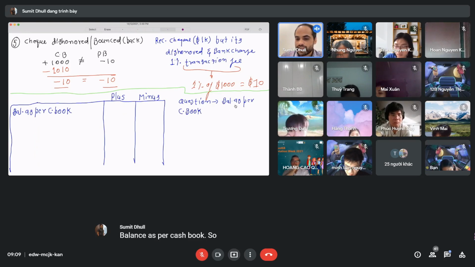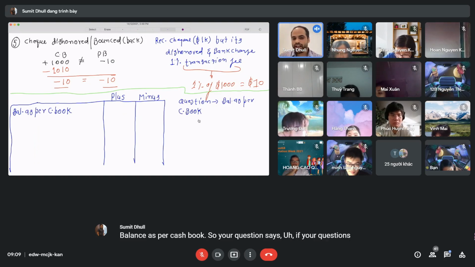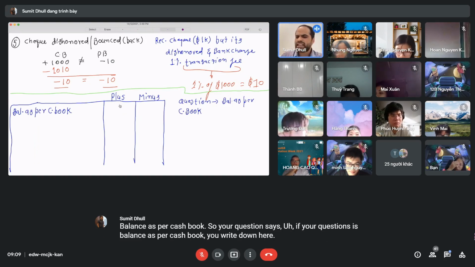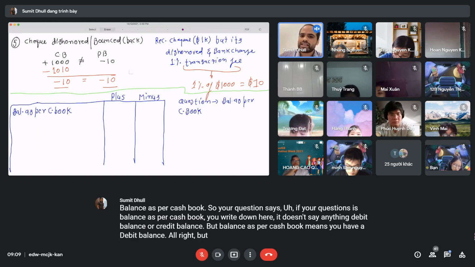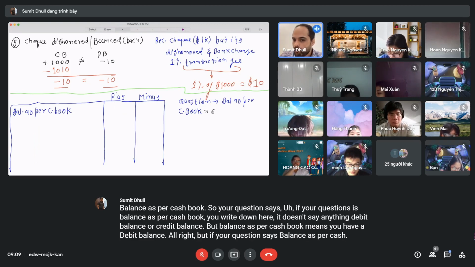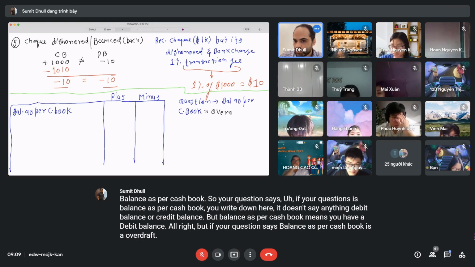So if your question says balance as per cash book, you write it down here. It doesn't say anything about debit balance or credit balance, but balance as per cash book means you have a debit balance, all right? But if your question says balance as per cash book is an overdraft, do you remember overdraft?